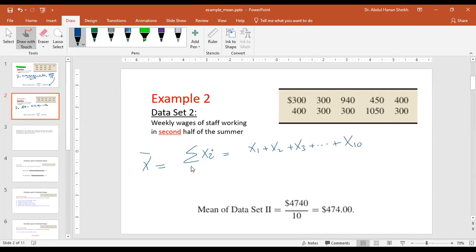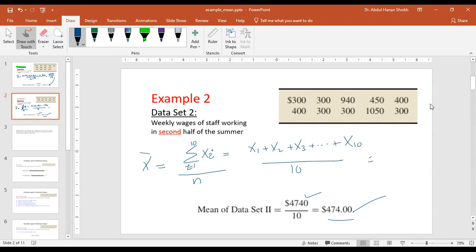Sometimes we do not exclusively mention this end number because the data is in front of us, but it's better to highlight this. It starts from 1 to 10. Summation divided by n, which is of course 10. So the sum of these numbers divided by 10 is the mean of this data set. So if 10 persons are getting these amounts of salary, the average salary of a person is $474.